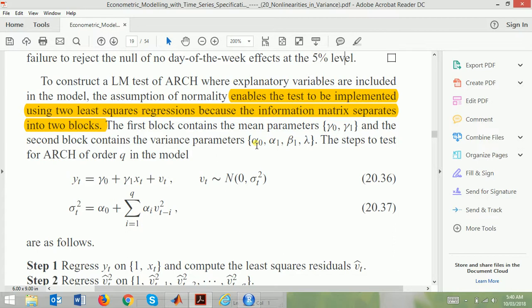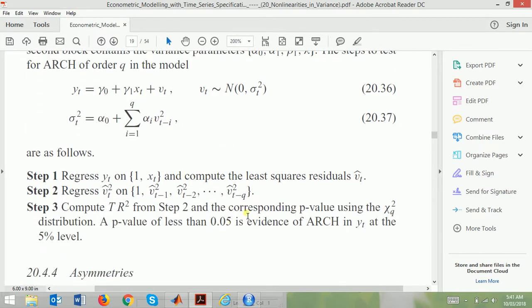The steps to test for ARCH of order q in this particular model, where we have an additional gamma 1 xt, a general ARCH model. So what are the steps? First, regress y on 1 and x and compute the least square residuals v.